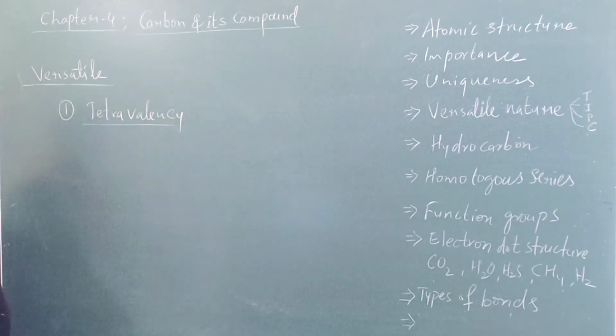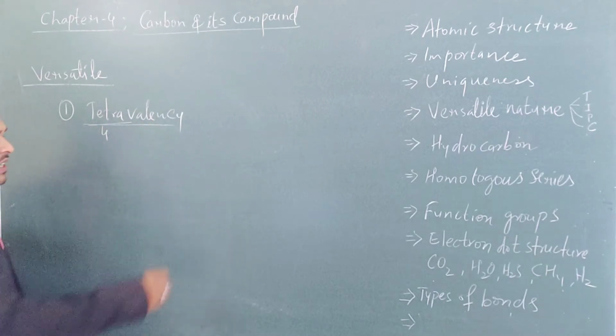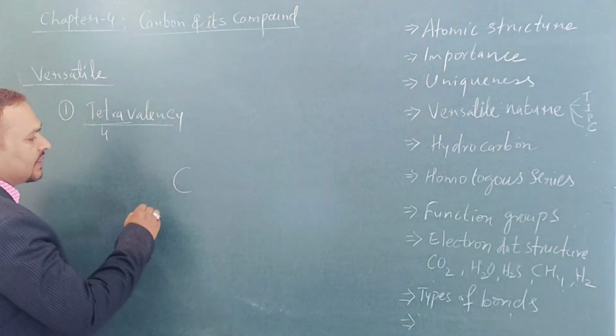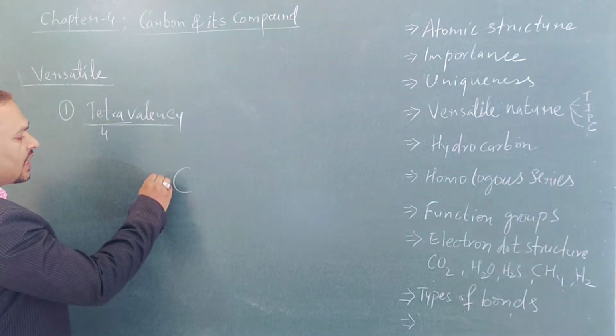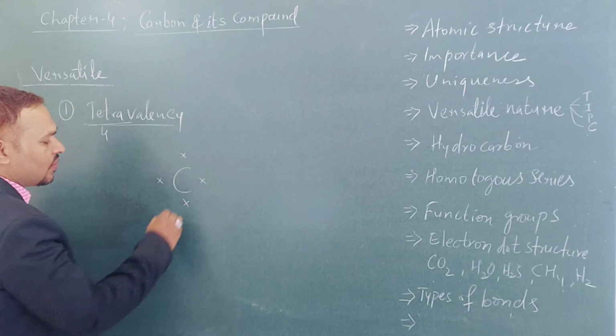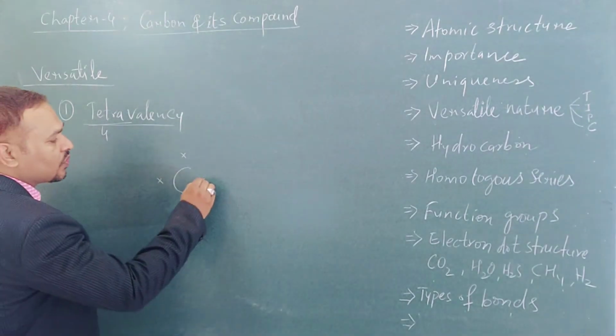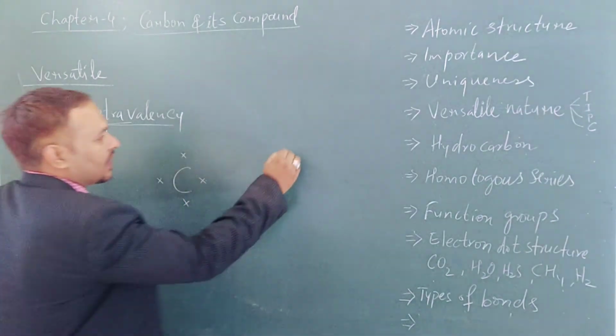Now what is tetravalency? Tetra means 4, valency means combining capacity. If you look into carbon, in the carbon there are 4 electrons present in the outermost orbit. So it can form 4 bonds from 4 electrons.